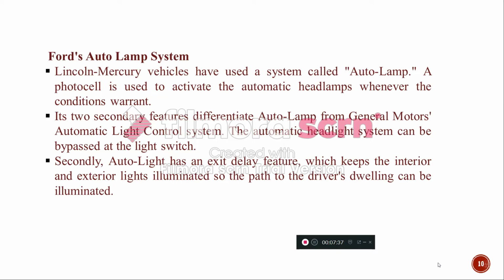The second one is that Autolamp has an exit delay feature which keeps the interior and exterior lights illuminated so that the path to the driver's dwelling can be illuminated. This was an optional feature later made standard on the Mercury Grand Marquis.